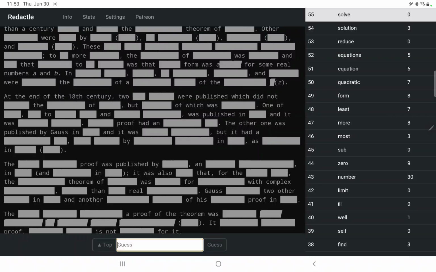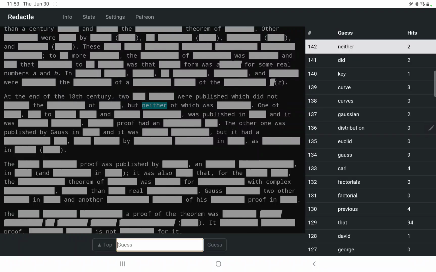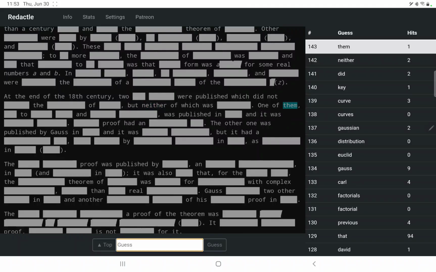No, it did solve. It did not something the blank, but something of which neither of which was something. One of them, blank to blank, was published in it, and it was something. If the proof had, I'm going to think maybe some kind of error. The other one was published by Gauss. Let's see. He had a dissertation in 1799. Let's try that.